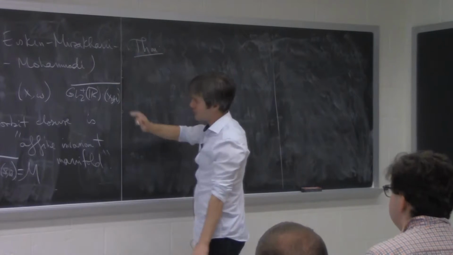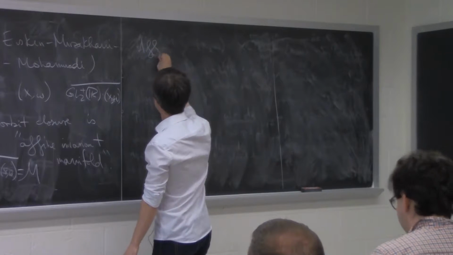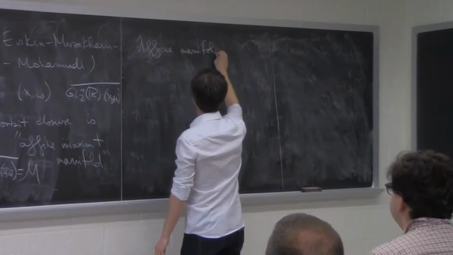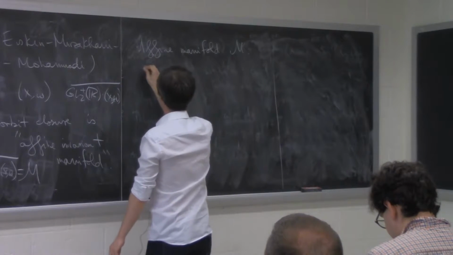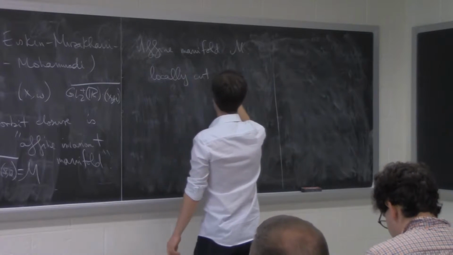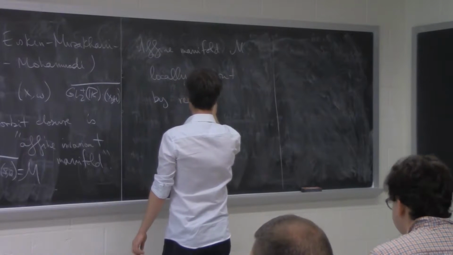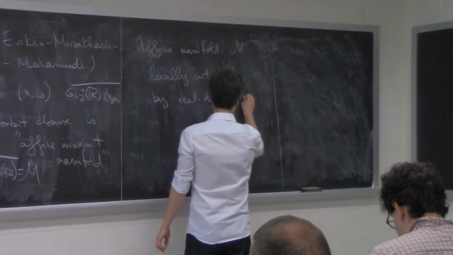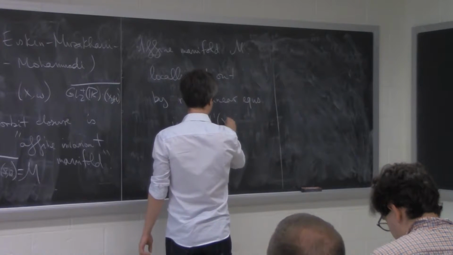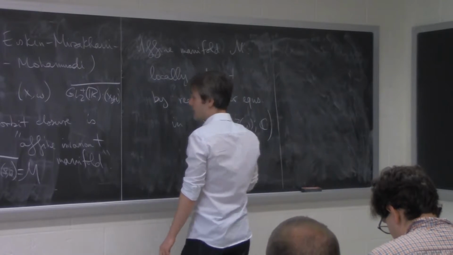So maybe I should tell you what an affine manifold is. In this setting, locally it's cut out by real linear equations inside these coordinates that I described there, these combinatorial coordinates.